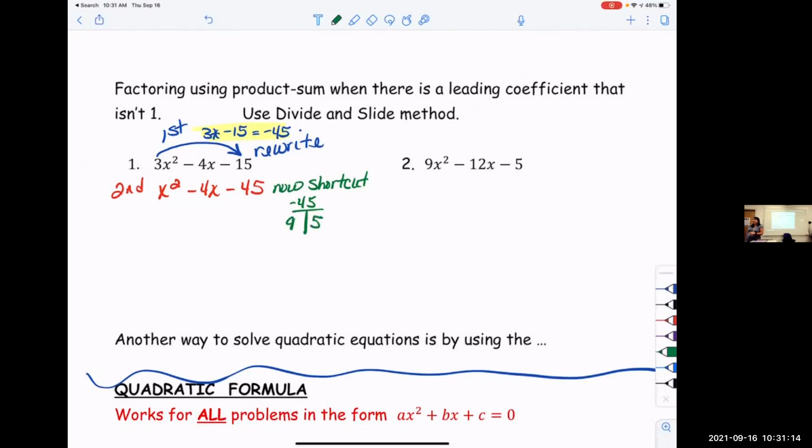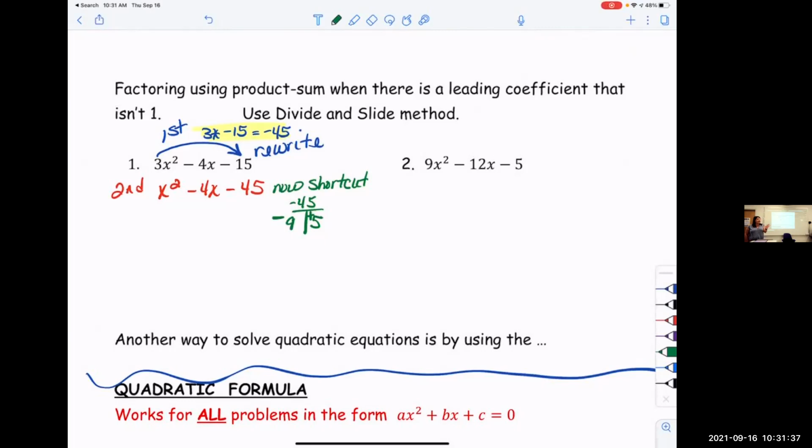That'll give me a 4, right? So now we need to focus on signs. What signs do they need to have to get me a -4? All right, king of the hill is negative. You got it. They need to be opposites. So -9, +5. That's going to give me a -4.